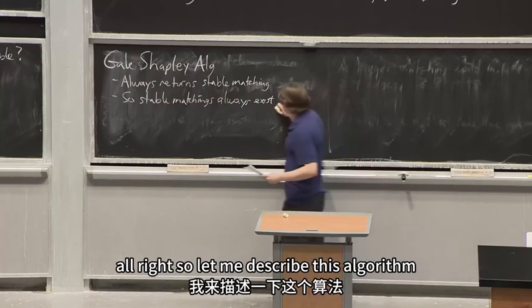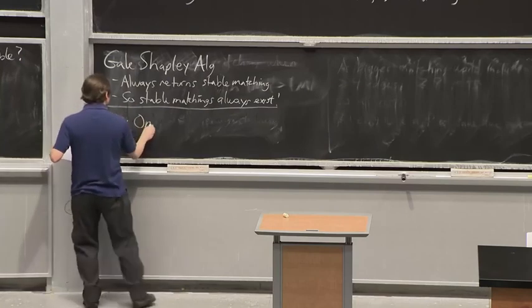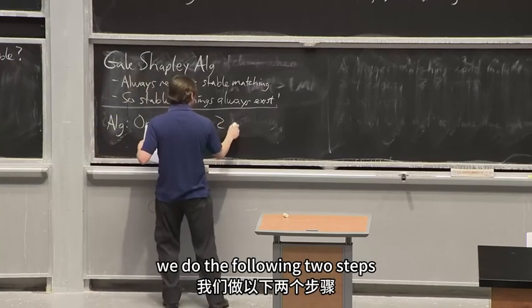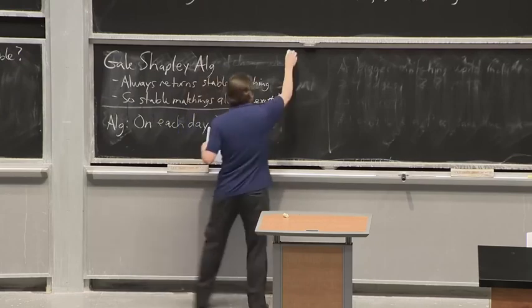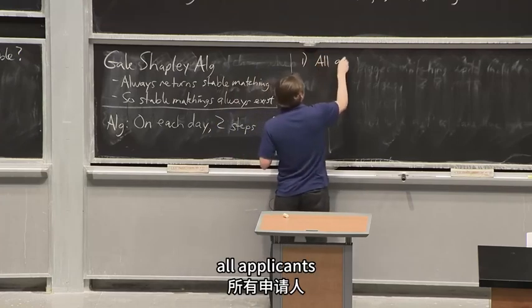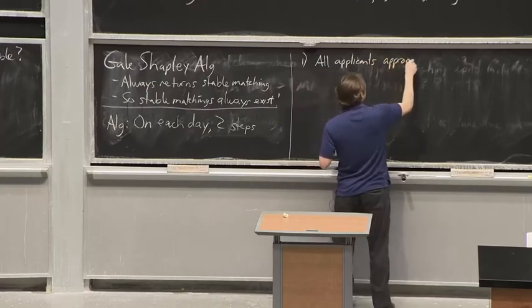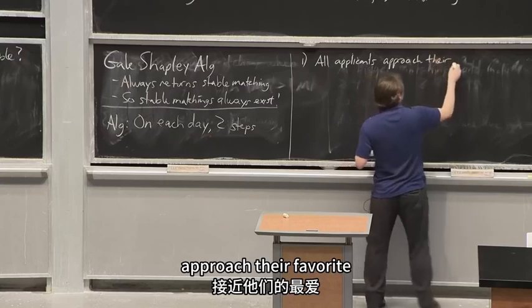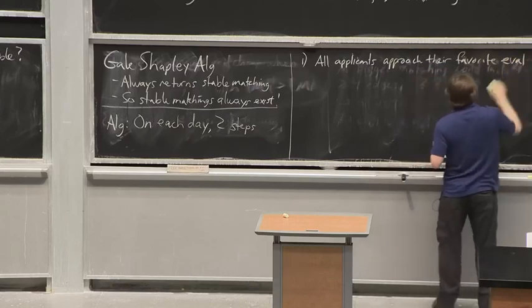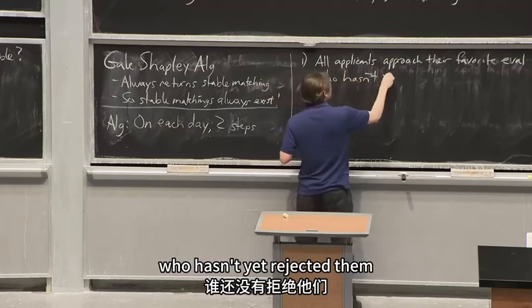All right, so let me describe this algorithm. On each day, we do the following 2 steps. First, step 1, all applicants approach their favorite evaluator who hasn't yet rejected them.